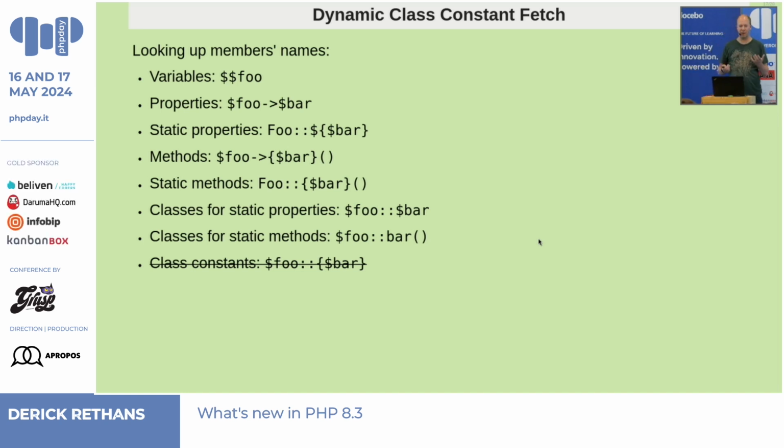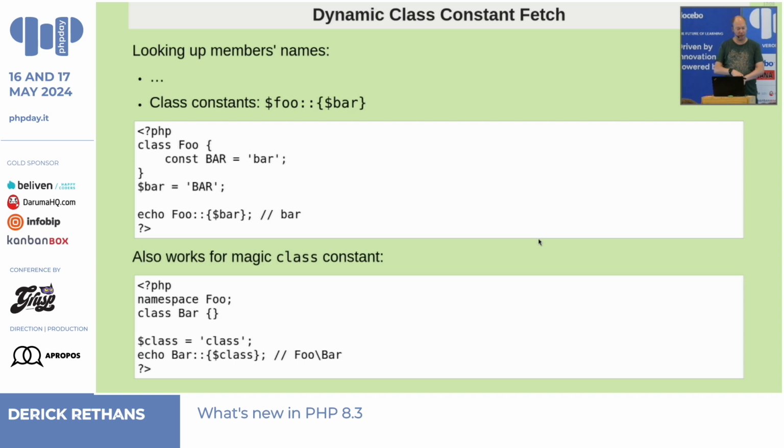So you remember I was talking about making PHP consistent, right? This is one of these inconsistencies that we like to fix. So now in PHP 8.3, I should have put it on my slide because I forgot, we now have this new syntax where you can access a class constant by a dynamic name. So you can say the constant bar on the class foo, like I have in my first example.